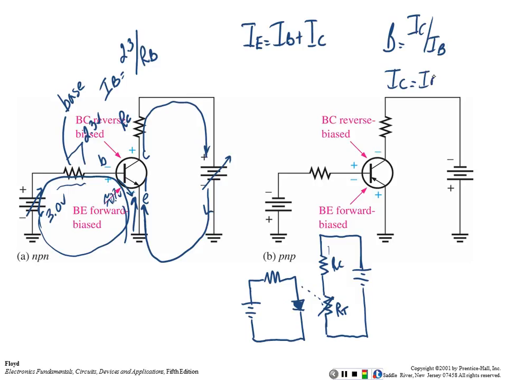It's going to be equal to IB times beta. Y'all understand? Now this is an approximation, and we're going to look at this in a minute. The problem we have with beta is beta varies. For one thing, we don't have the ability to make two things exactly the same.